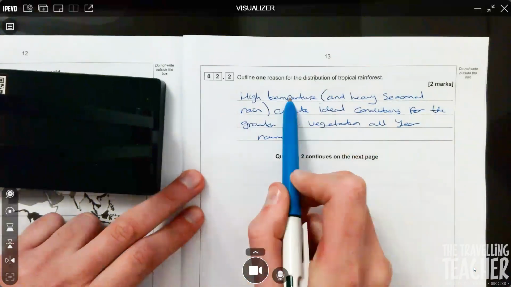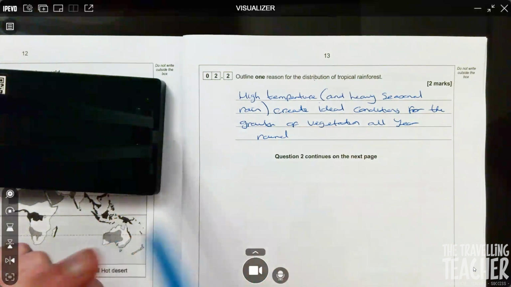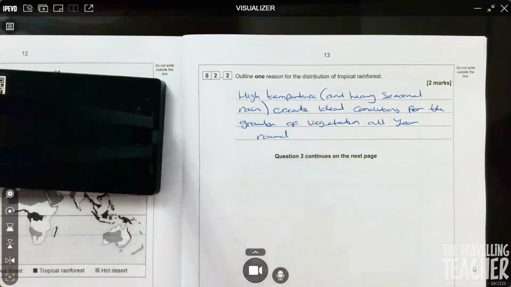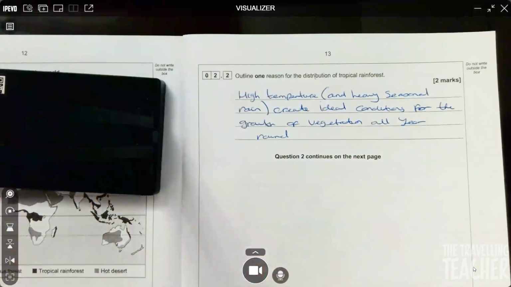So I refer to temperature and vegetation and rainfall. Very important. Temperature and rainfall. Right. Next question.